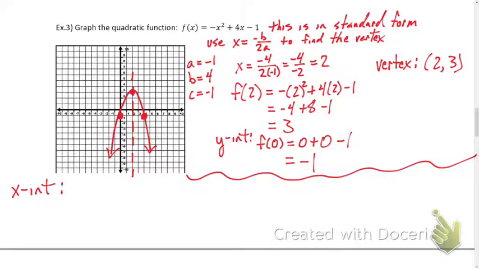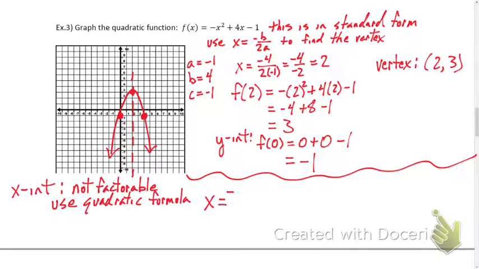So right off the bat, we hopefully notice this is not factorable. Use quadratic formula, which is negative b plus or minus the square root of b squared minus 4ac all over 2a.